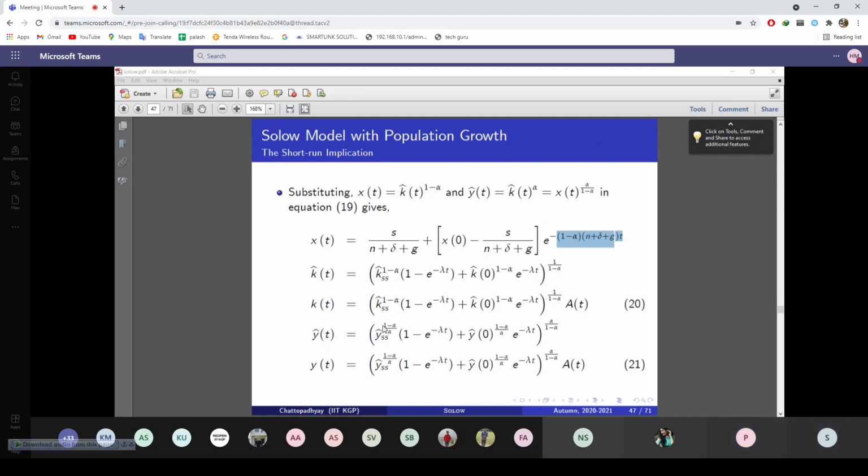So variables as a function of time we are solving. Fine. Then what? Why do we need that?